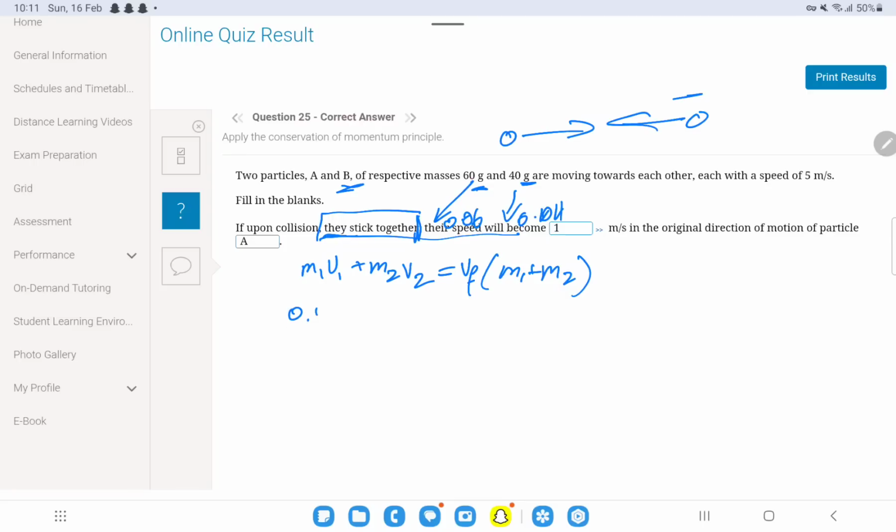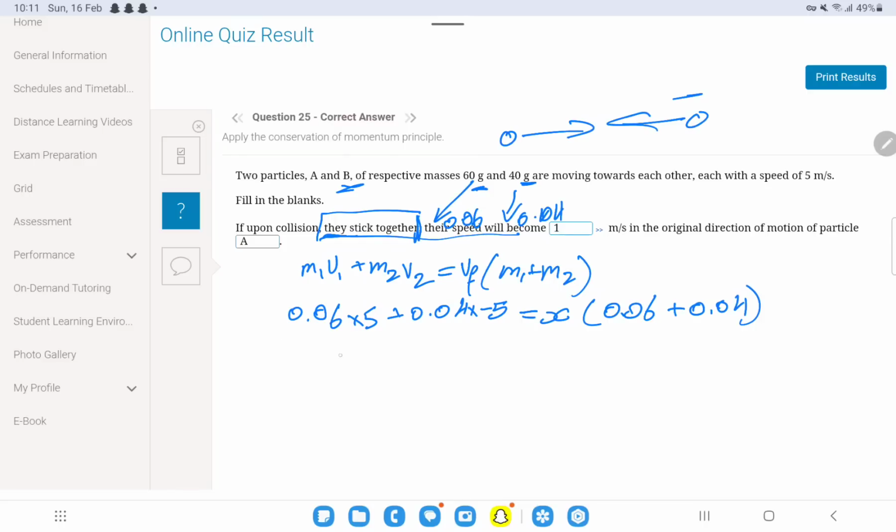m1 v1 is 0.06 times 5, plus 0.04 times negative 5, because we said that they're moving in opposite directions, equals vf, we put it x because we want to find it, times m1 0.06 plus m2 0.04.